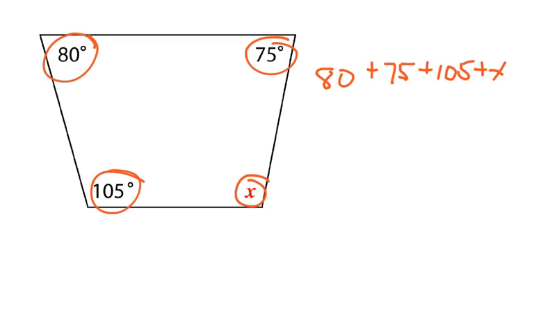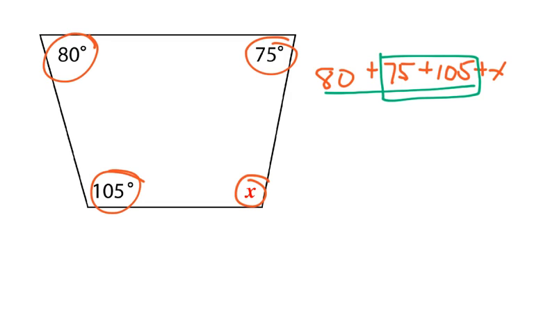So similar to our work with triangles, what we need to do is simplify any like terms that we can in this first expression. So 80 plus 75 plus 105. I'm going to add, since addition allows us to use either the associative or commutative properties here, these two first because I want to make an even 10.